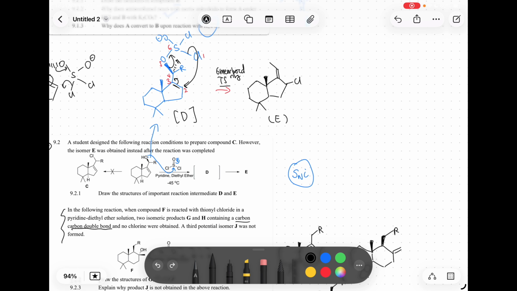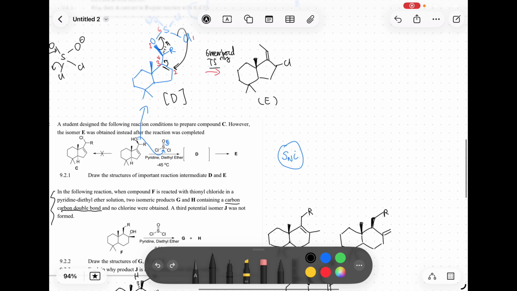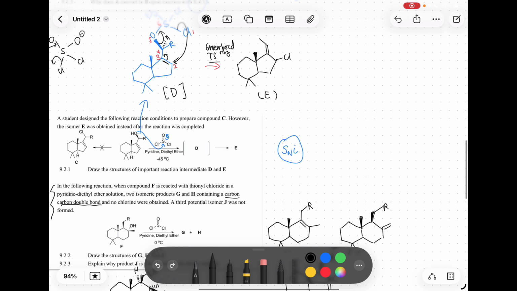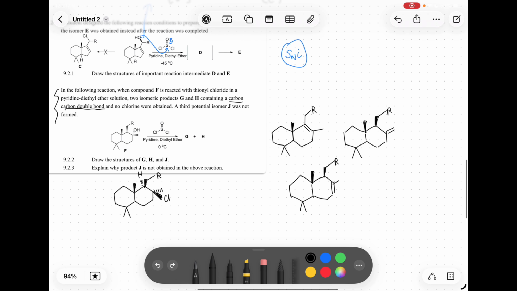So if there were no double bond, then the stereochemistry of the new Cl would be in the same configuration as the OH. And so we can probably assume that an SNi reaction occurred with a retention of stereochemistry.